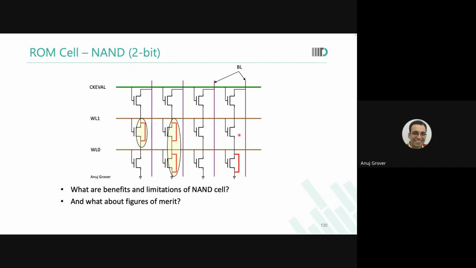Are you able to see this? So what this leads to is that now, even though you want to read 0, the bit line should discharge depending on what was written in the same stack. My current could be different. Are you able to see this?